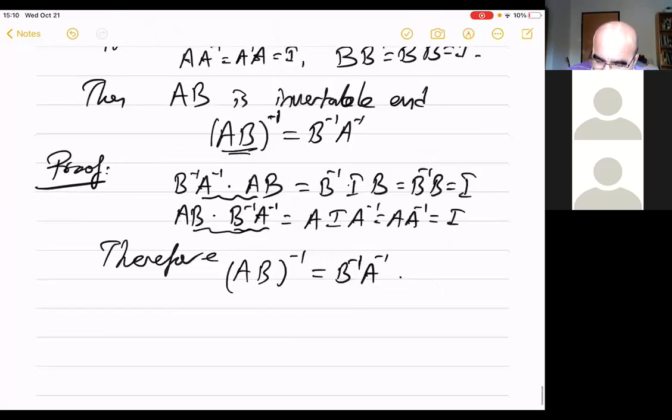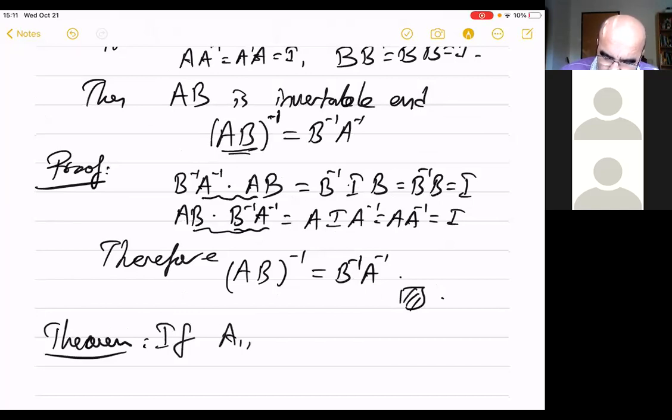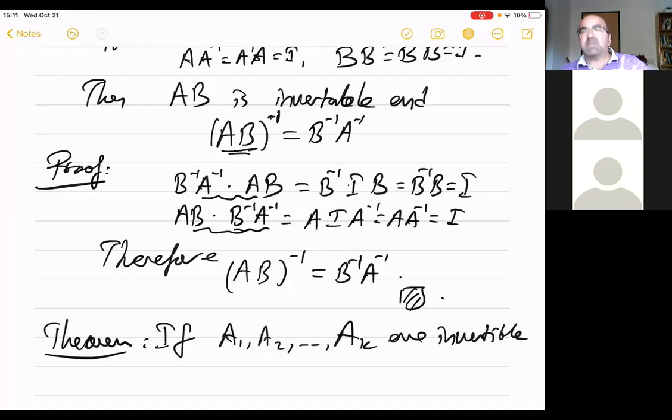Okay, that's the first part of that. Now we can use this, and in general, if A1, A2, AK are invertible. So we did it for 2, but it is true for more matrices.